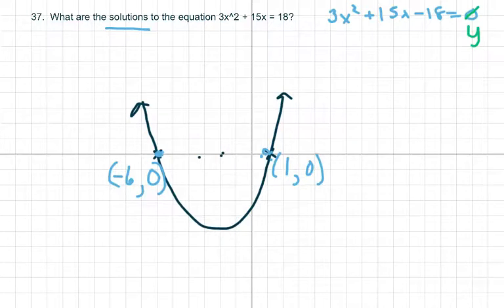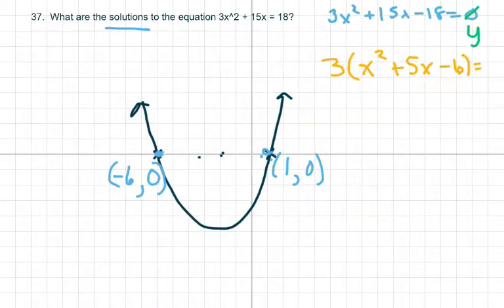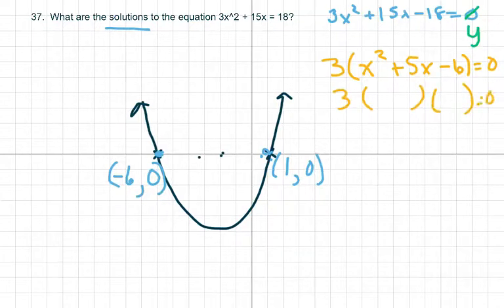However, the way I think they want you to do it is you're going to factor. So you pull out a 3, and you factor this, and you're going to get x plus 6 times x minus 1. And you set both of these pieces to 0.